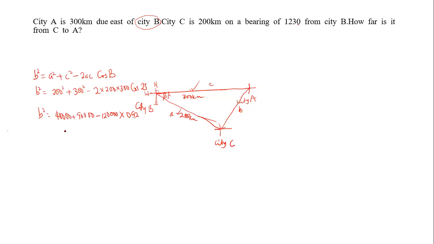When you add 40,000 plus 90,000 that gives us 130,000, minus 0.92 times 120,000. That would be 110,460.582.